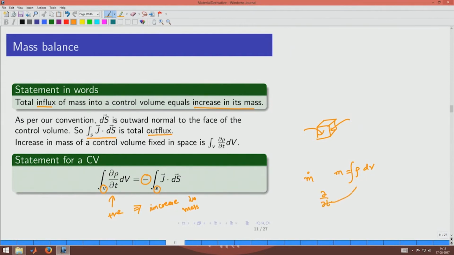We are able to take this inside because we are writing this expression for a control volume fixed in space. We are not looking at a control volume moving in space; it is fixed. So, this is the statement of mass balance in mathematical expression, and here it is in English.